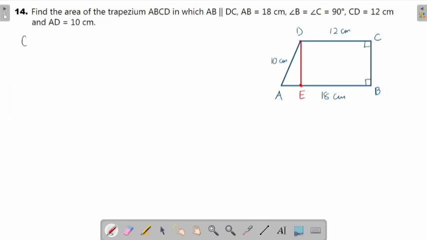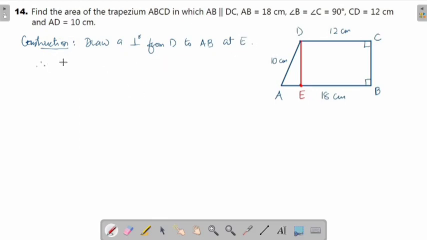So construction is: draw a perpendicular from D to AB at point E. Okay, so that's the construction.